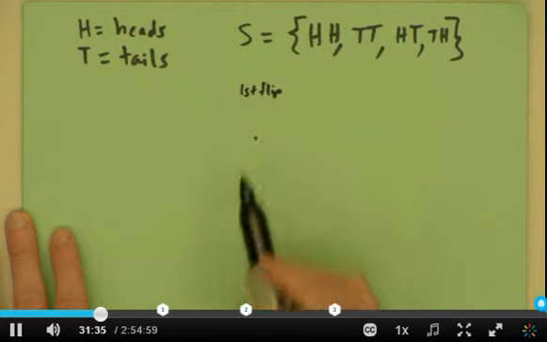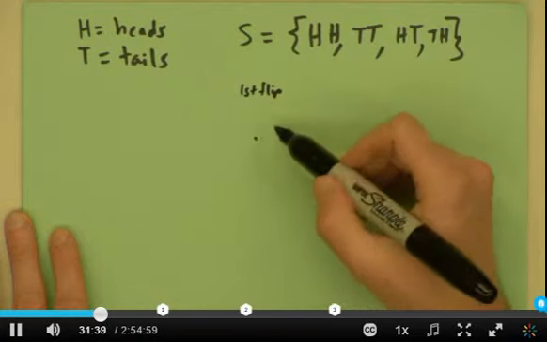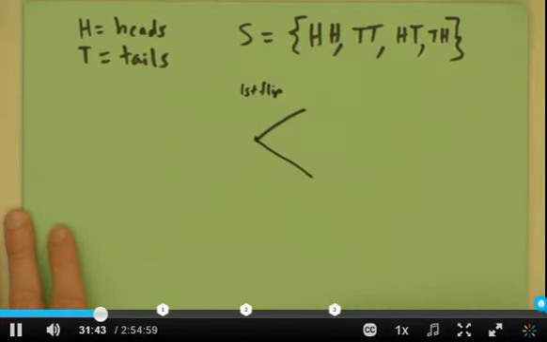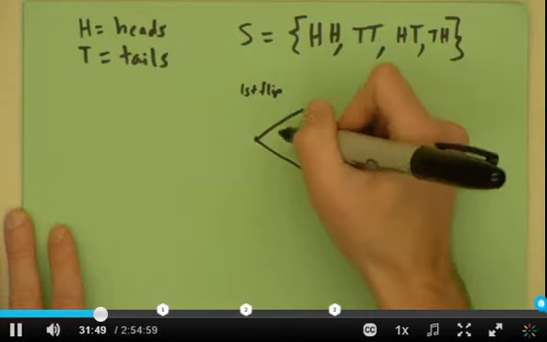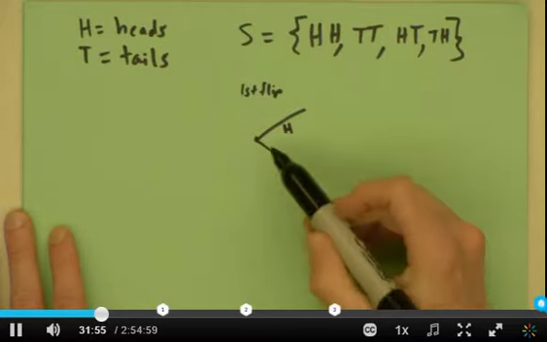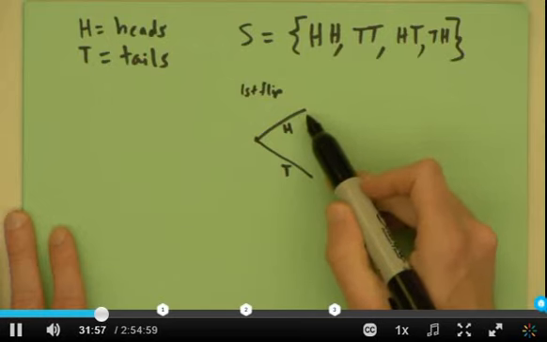You don't have to write this. I'm writing it here just so you know what it means. And on the first coin flip, I have 2 options. So I'm going to draw 2 branches emanating from that node. What are the 2 possibilities? Heads or tails? All right, so I'll put heads underneath this one and tails underneath this one. Now suppose I got heads on the first toss.